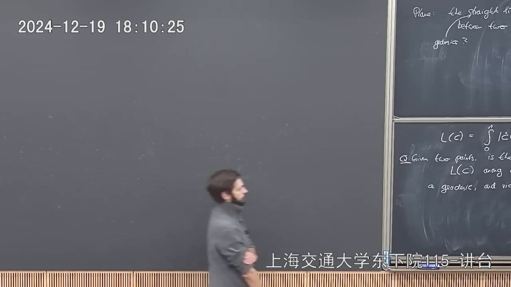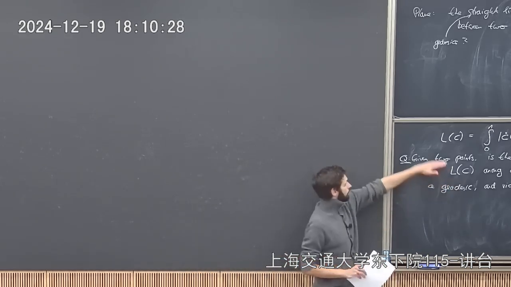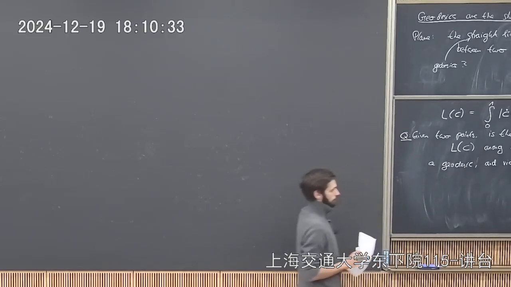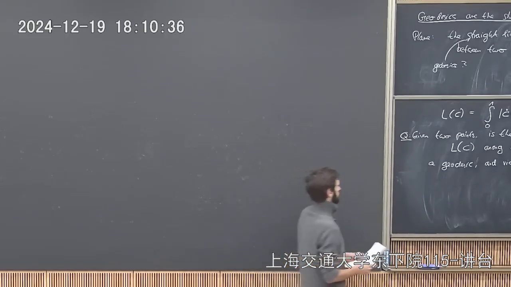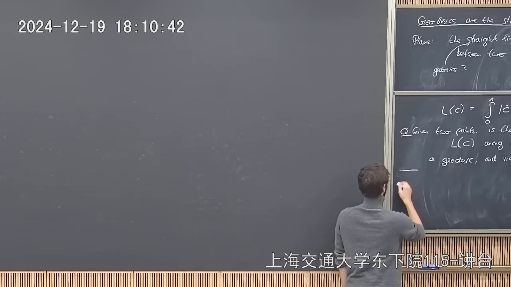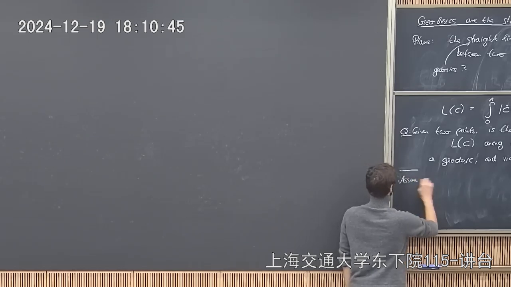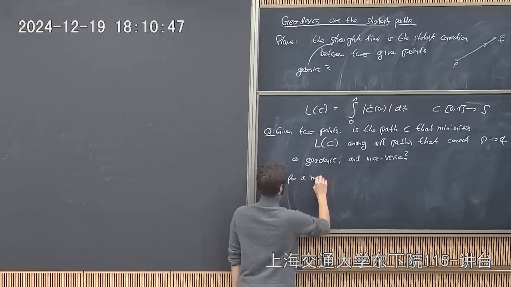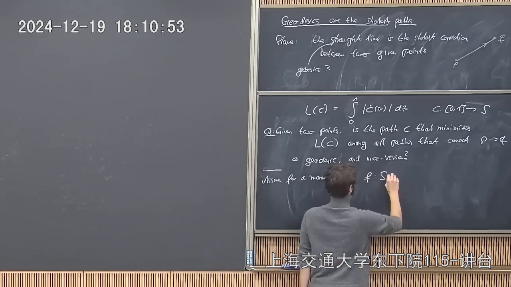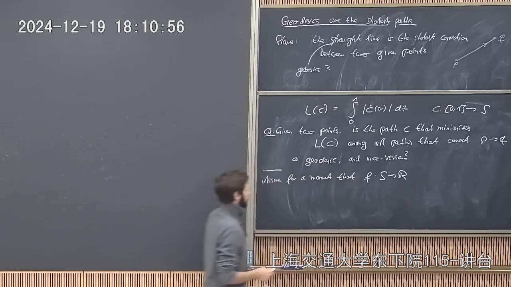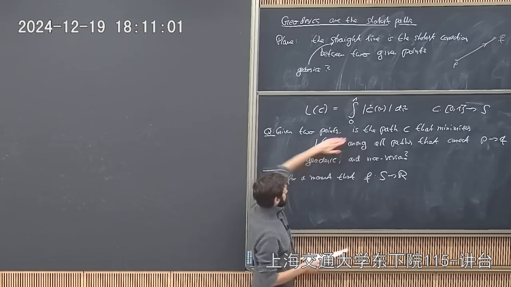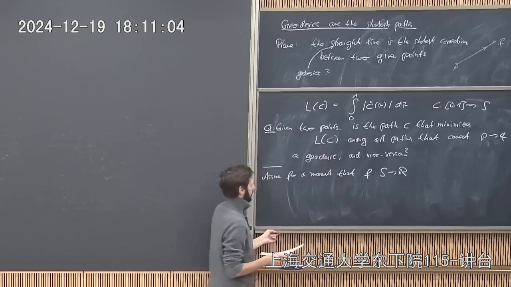So how do we say that something is actually a minimum of this function? For that we use an analogy from normal calculus. So assume for a moment that f is a smooth function on the surface, and we would like to find the minimas of f. So f would be then, of course, this functional as an analogy.